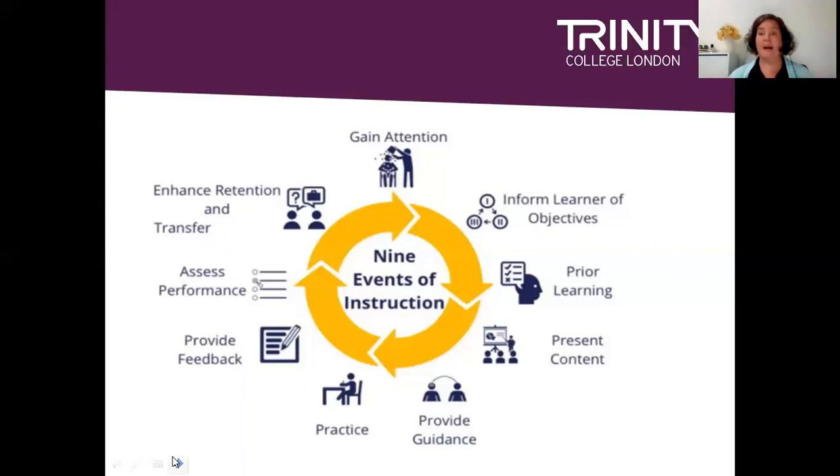Usually we teachers plan and we have our objectives, but I've been discussing how important it is that not only do we teachers know where we are going and how we are going to get there, but also that learners know where they are going and what it is that they will be learning to get there. So we are gaining our students' attention. We are sharing with them the learning objectives of a unit, but also the learning objectives of a lesson in particular.